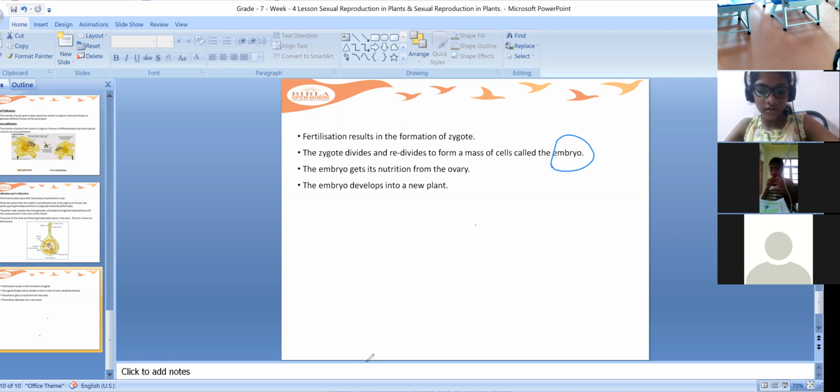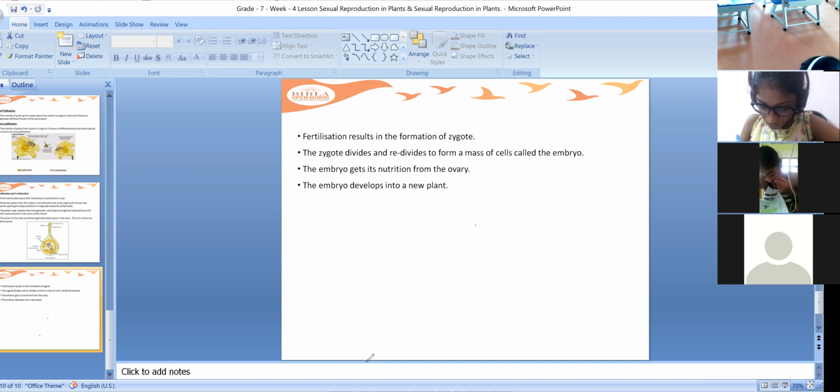It takes place in the ovary. They form a zygote. And now this zygote divides and redivides to form a mass of cells called an embryo.